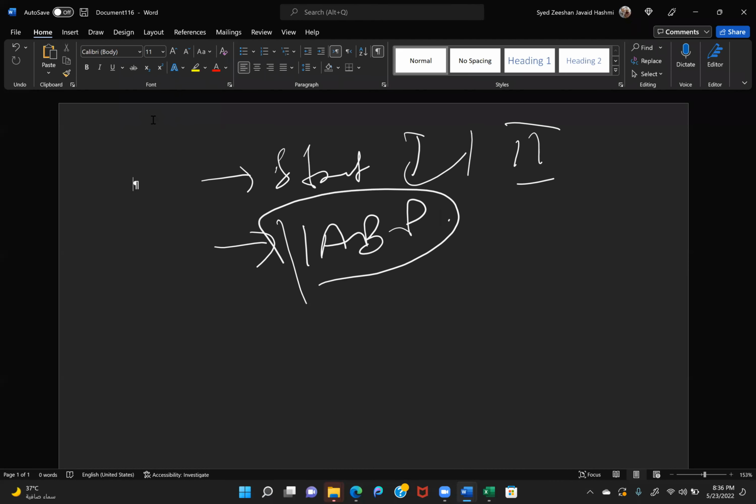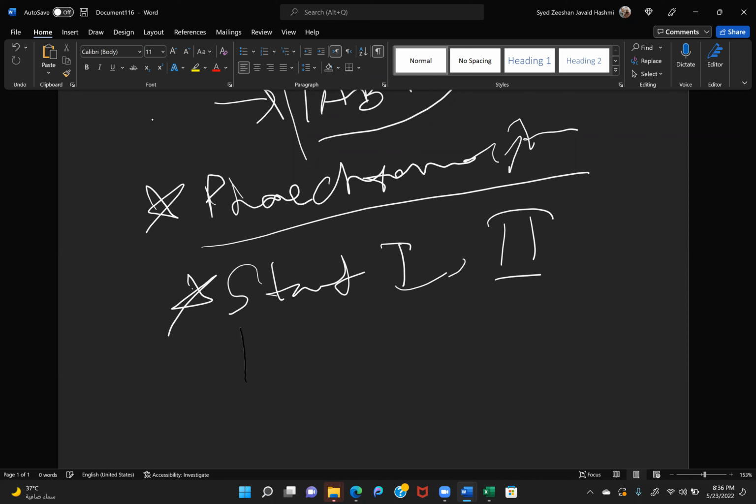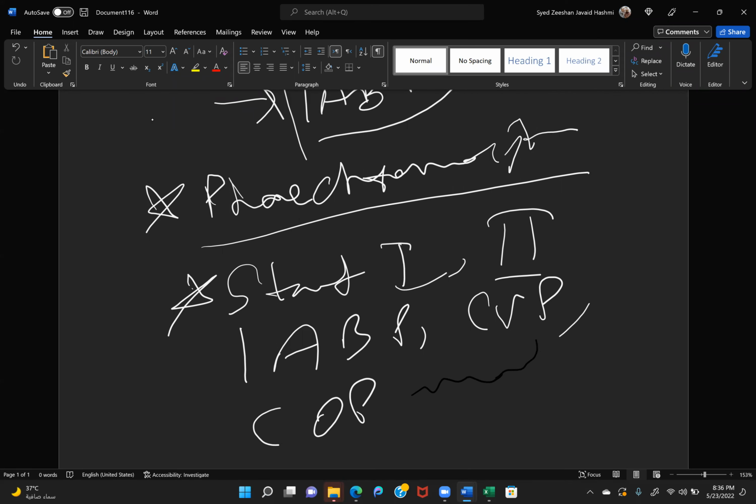And how to control this if uncontrolled, like undiagnosed pheochromocytoma or anticipated problems while you are doing adrenal surgery. So what will be the way to tell that? In addition to standard 1 and standard 2, you will be having intra-arterial blood pressure monitoring, CVP, and cardiac output monitoring if possible.